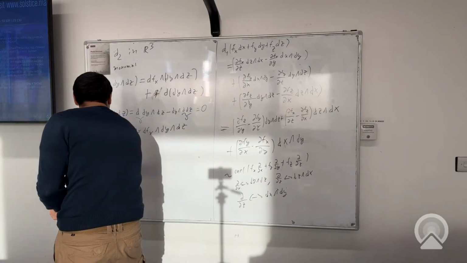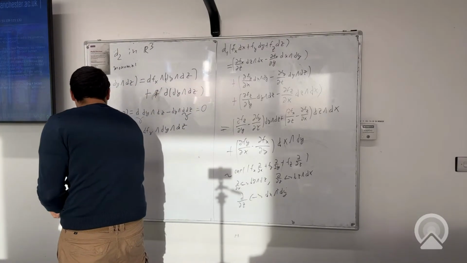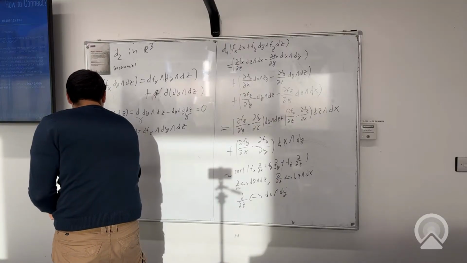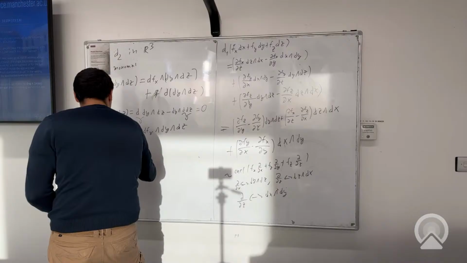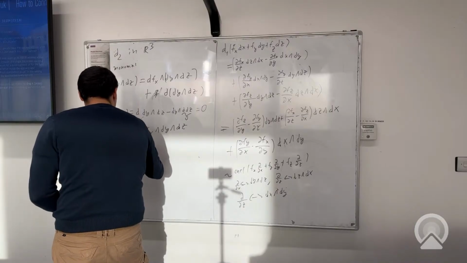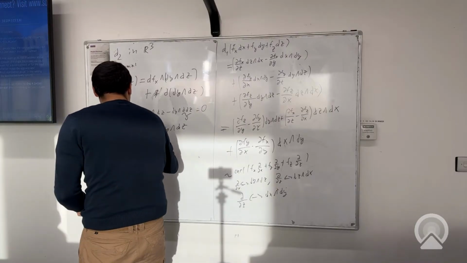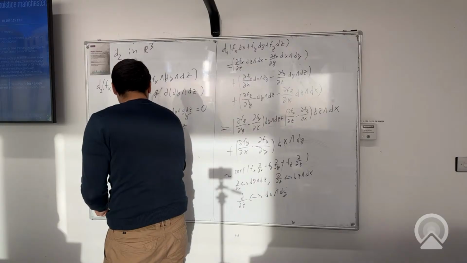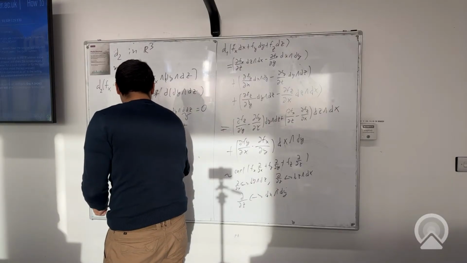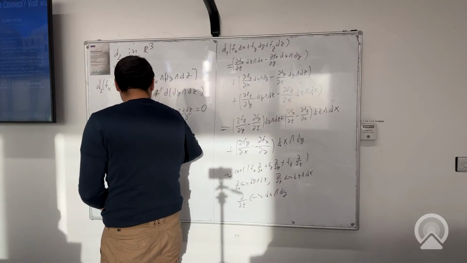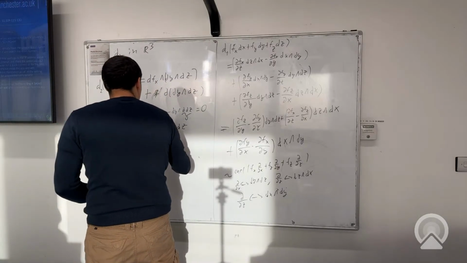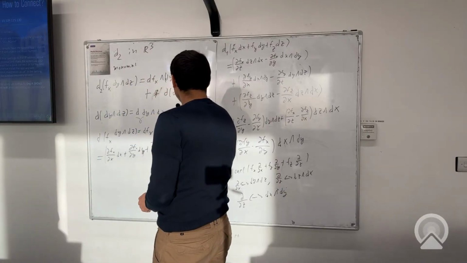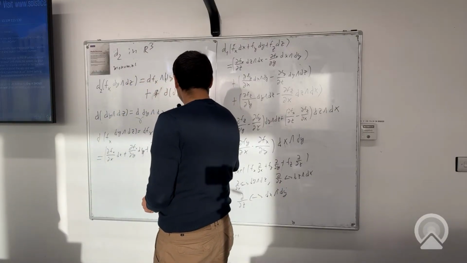And now let's expand. So d f x is the partial derivative of f x with respect to x times dx plus the partial derivative with respect to y times dy plus the partial derivative with respect to z times dz, and everything wedge dy wedge dz.